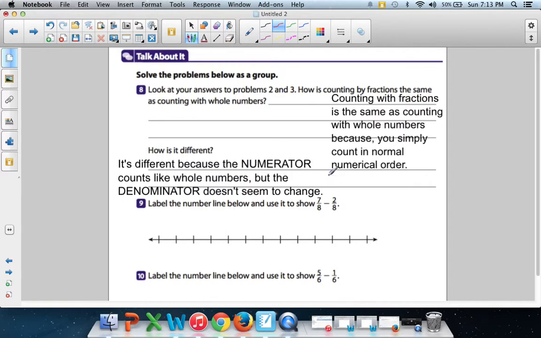Number 9. Label the number line below and use it to show 7/8 minus 2/8. I hate labeling things because it's so hard to write with this mouse.